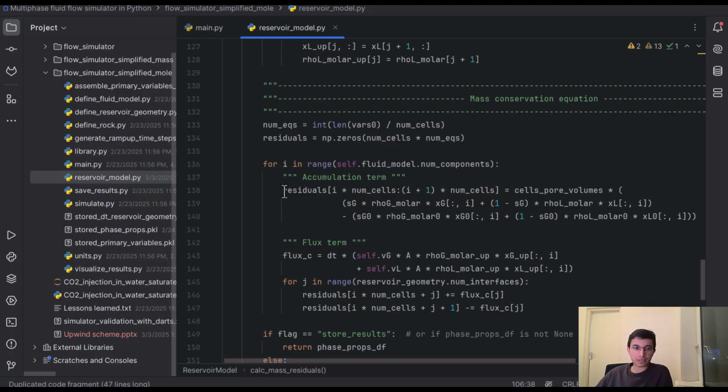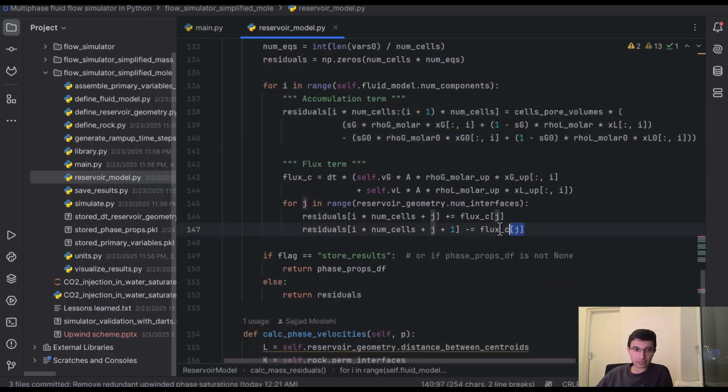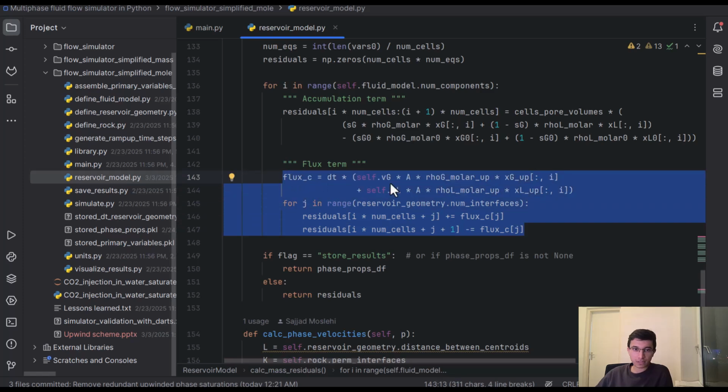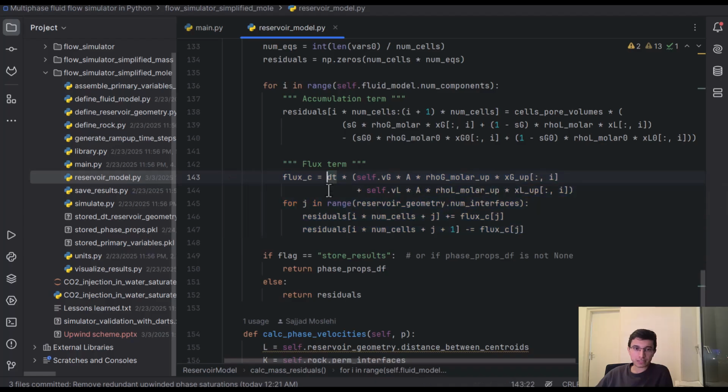This is the accumulation term, but what I'm gonna talk about here is this flux term. In our simulator, I have only considered the component advective term, and as you see, the component flux term is only equal to the advection of the components. We don't have diffusion dispersion here.